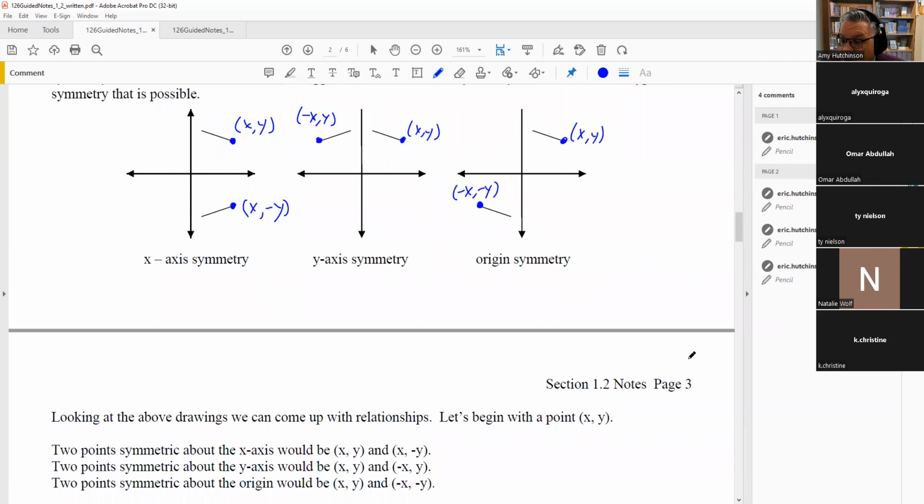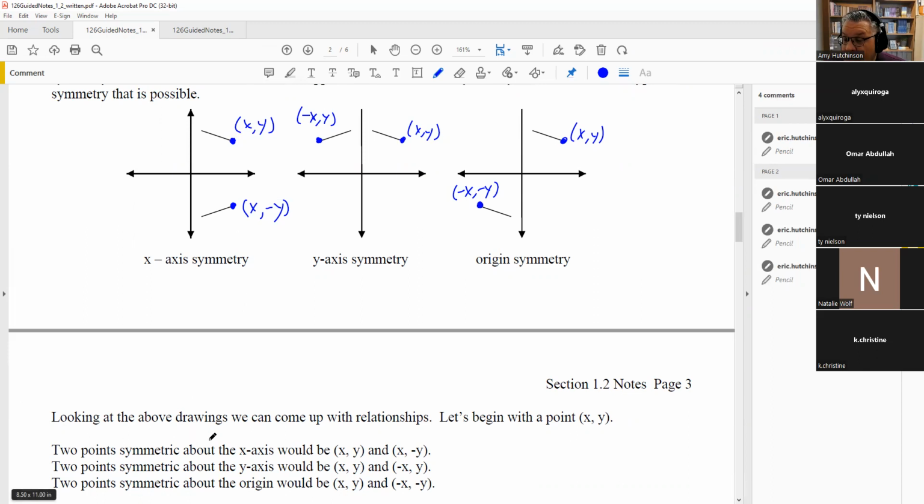So right down below here, we're going to come up with a way to tell algebraically whether something has symmetry or not. Those are the ones listed down below. For x-axis symmetry, the y's differ by a minus sign.